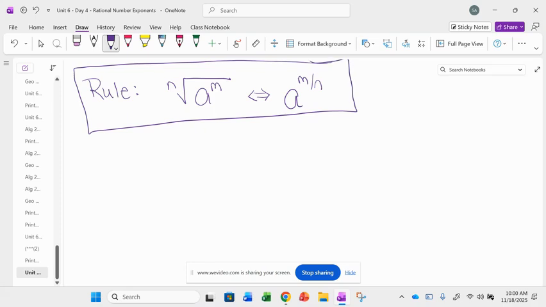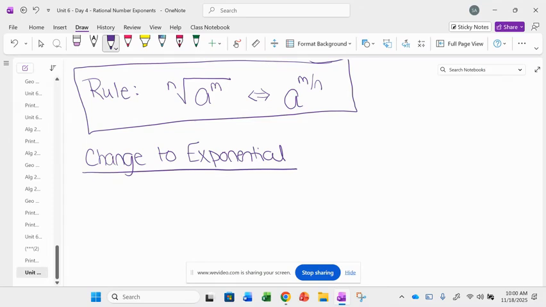Okay, so what I want us to do is change to exponential form. So if I have the 5th root of x squared, so if I'm going to change this to exponential, it's going to be x raised to the 2 over 5 power.